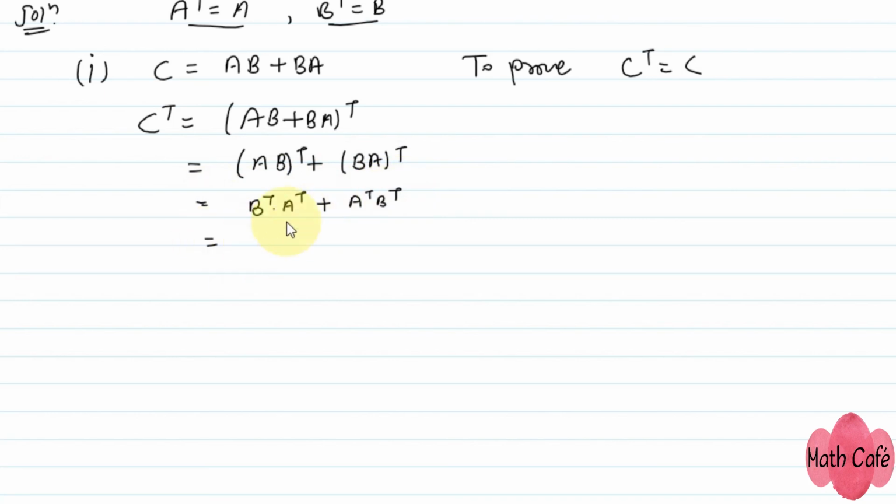B transpose is B, it is given in the question, and A transpose is A. So I can write it as AB plus BA. Here AB plus BA is matrix C, so C transpose will be equal to C. So AB plus BA is a symmetric matrix. We have proved it.